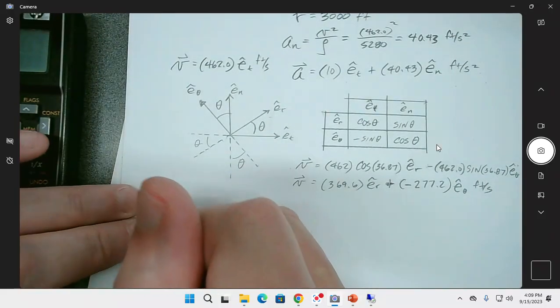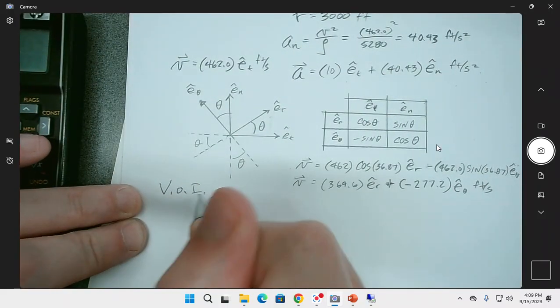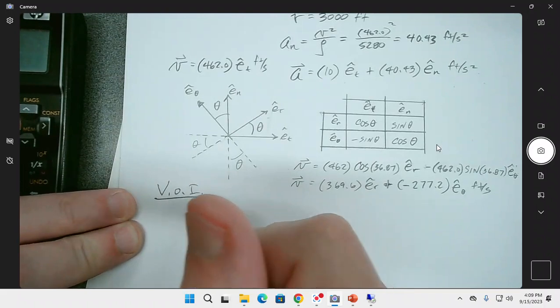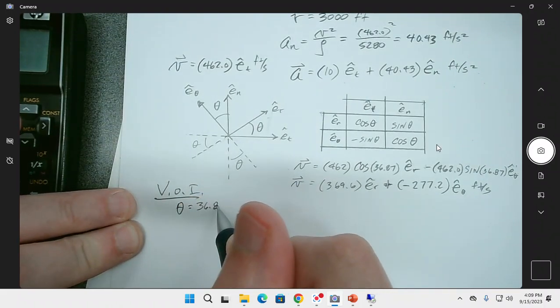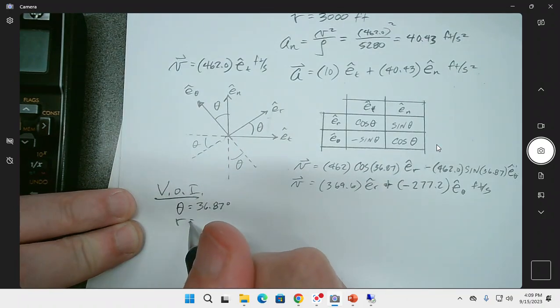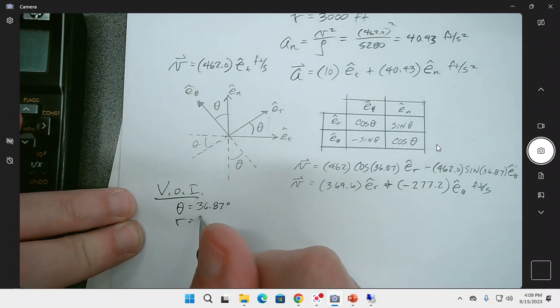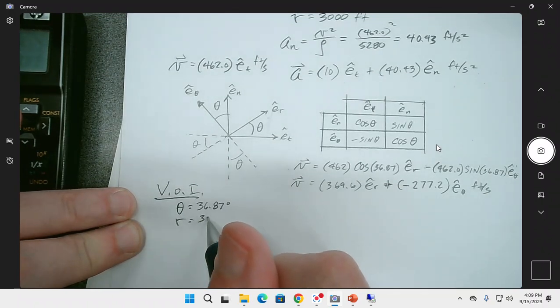So our variables of interest: we have theta equal to 36.87 degrees. R is equal to 3,000 feet.